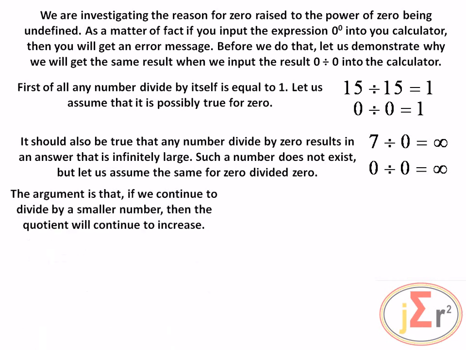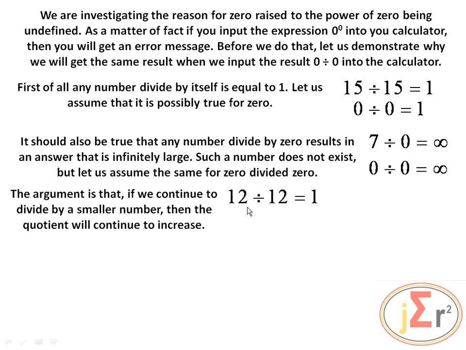The argument is that, and we are talking about why do we say that when we divide a number by 0, we end up with a number that is indefinitely large. Why is that so? The argument is that if we continue to divide by a smaller number, then the quotient will continue to increase.